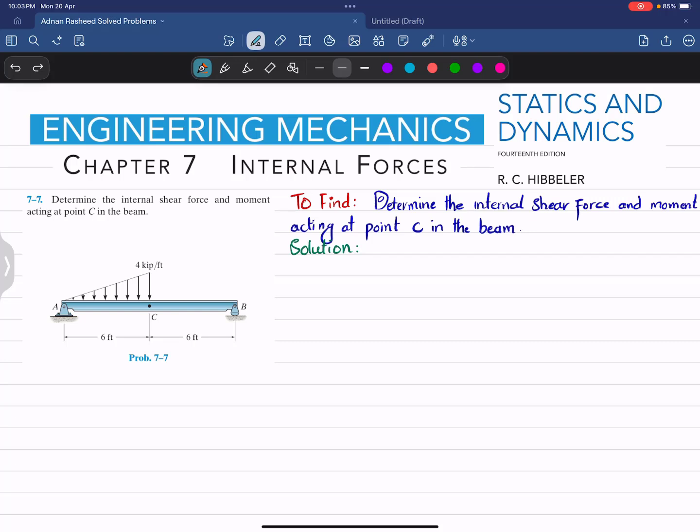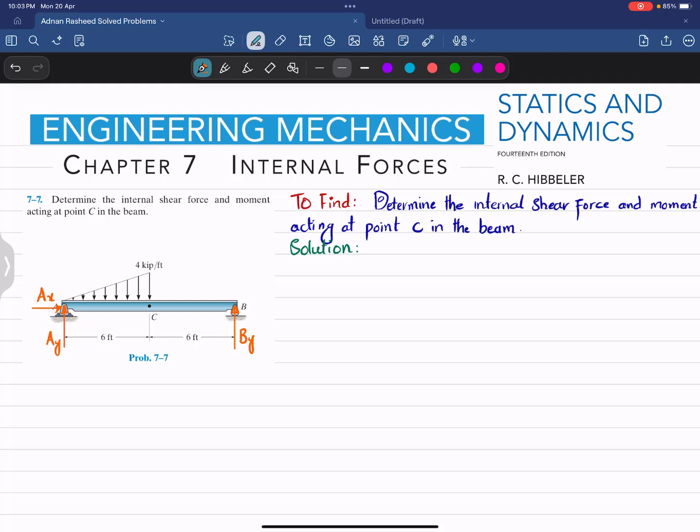The first step is that if you remove this pin support, you will have a vertical reaction force, which will be AY, as well as a horizontal reaction force, which will be AX. Similarly, if you remove this roller support at point B, you will have only a vertical reaction force, which will be BY. First we will find these reaction forces, and then we will find the internal shear force and moment.